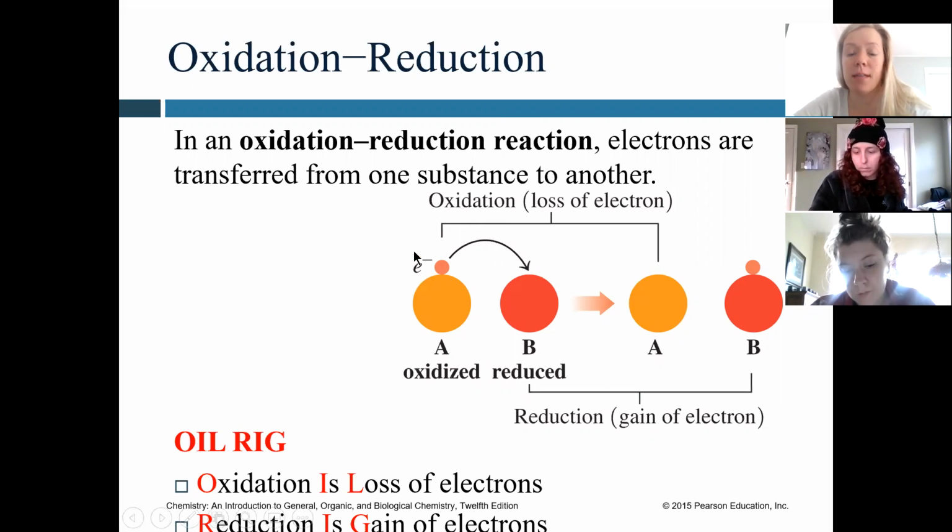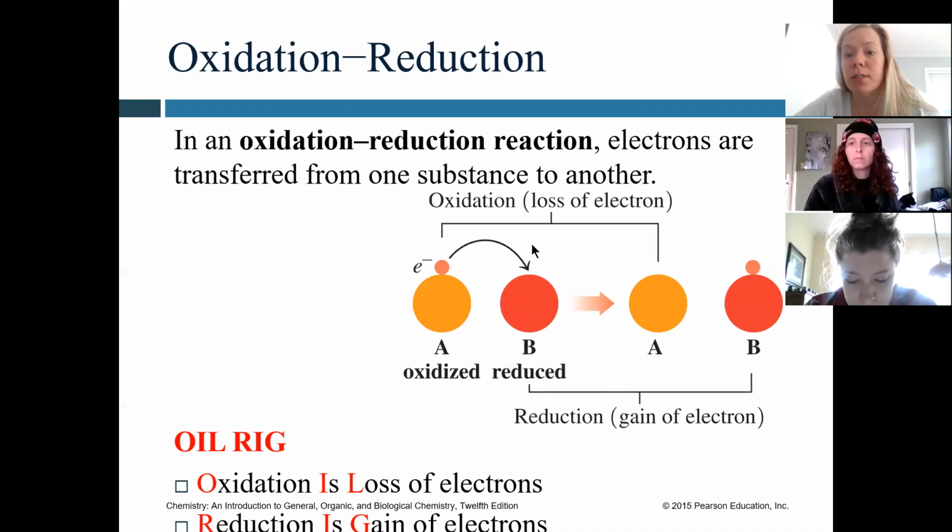The thing that gains the electron becomes more negative. That's one way to indicate whether something is being oxidized or reduced. The thing losing the electron is being oxidized, known as oxidation. The thing gaining the electron is known as reduction.